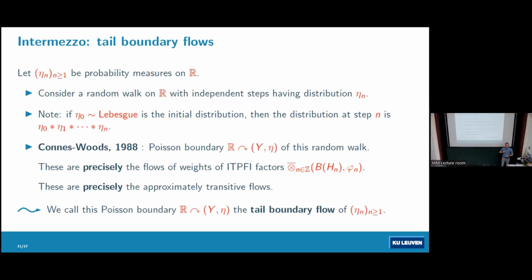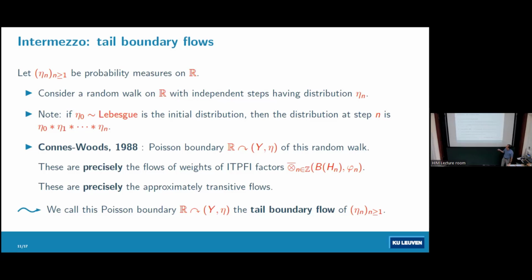This will essentially lead you, by looking at the proportions of the eigenvalues, to certain discrete probability measures on the real line, and these will serve as the transition probabilities, and then you prove that the flow of weights of the ITPFI factor is precisely this tail boundary flow of the random walk. They also characterized in purely dynamical terms which ergodic flows arise in this way.